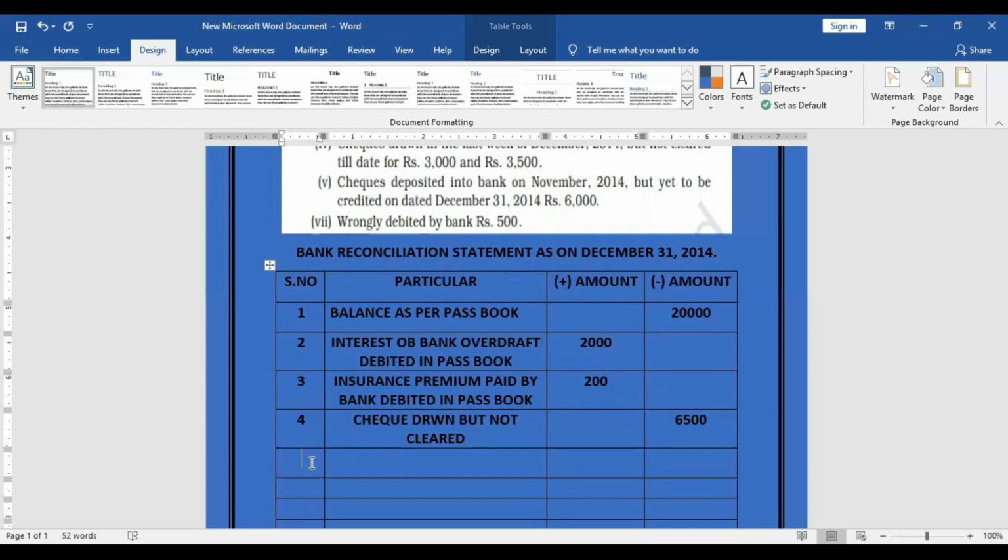As soon as he deposits into the bank, in the cash book he increases the balance. The account holder increased 6,000 in the cash book. But in the passbook there is no change. So in the cash book there is an increase, in the passbook there is no effect. So the passbook also has to be increased.